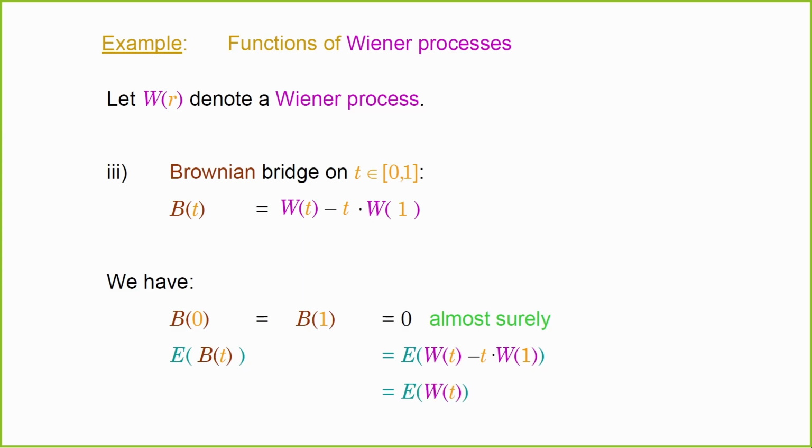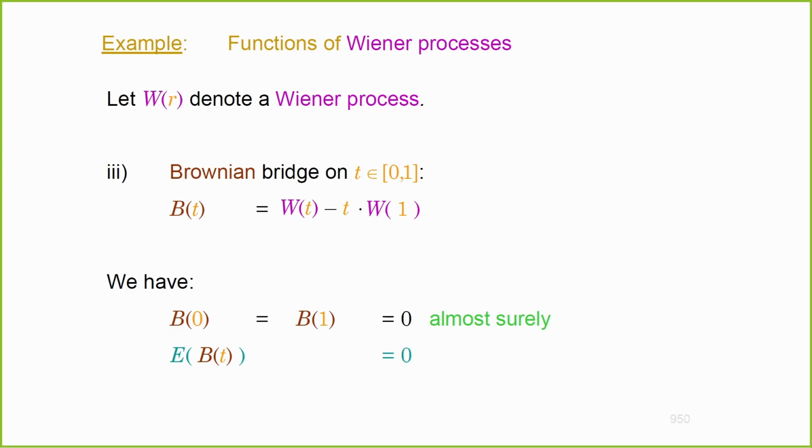So that goes down to the expectation of the process minus the expectation of the linear transformation, which is the linear transformation of the expectation. You're left with the expectation of the process at time point 1. Now both expressions are 0, of course. So that means the expectation of the Brownian bridge is also 0. It's not difficult to see. That was a little exercise which I did here.